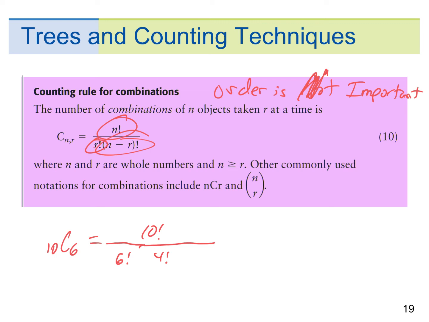Type it into your calculator. So I'm going to type in 10. I'm going to go to math. I'm going to scroll over to C this time, 3. I'm going to hit a 6. I'm going to hit enter. And it gives me 210. Combinations are much smaller than permutations, just so you know. They're much smaller. Why? Because order's not important.